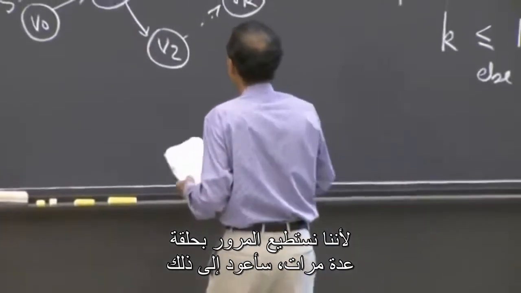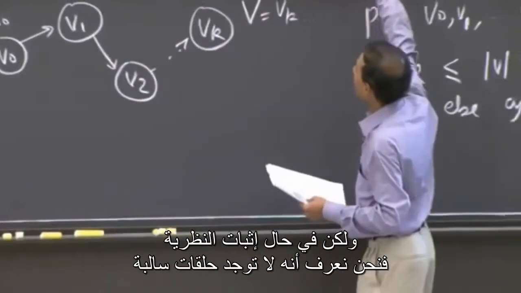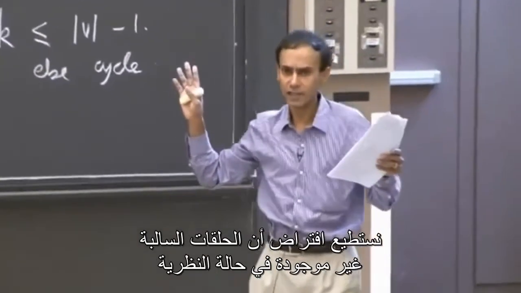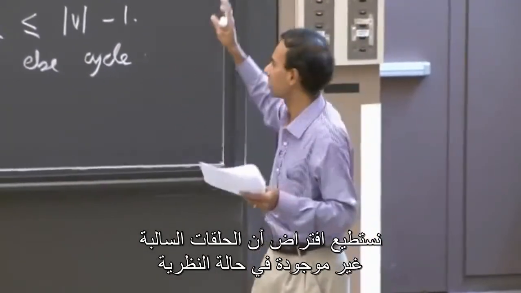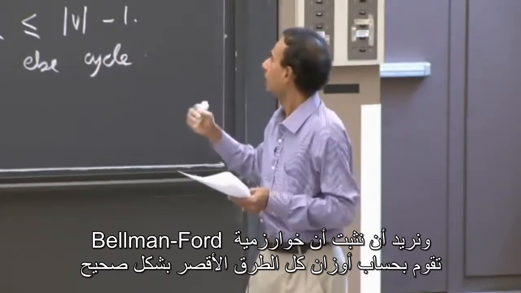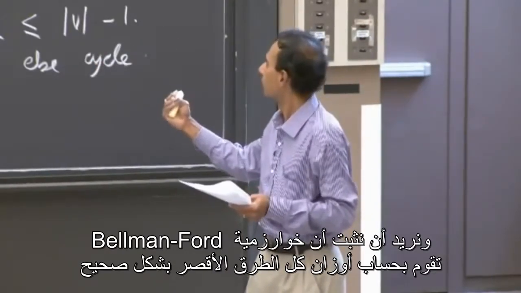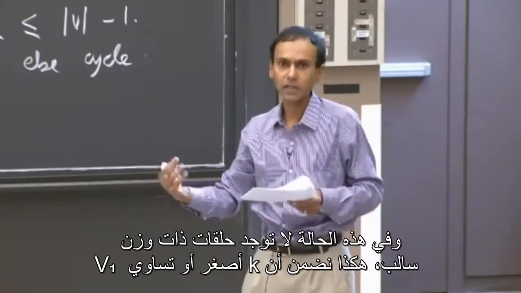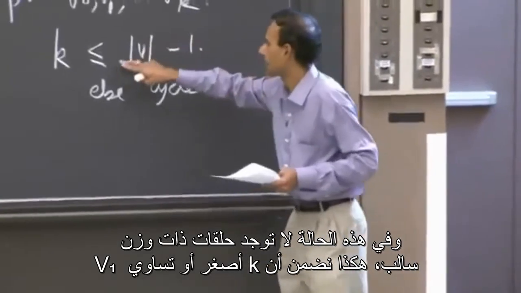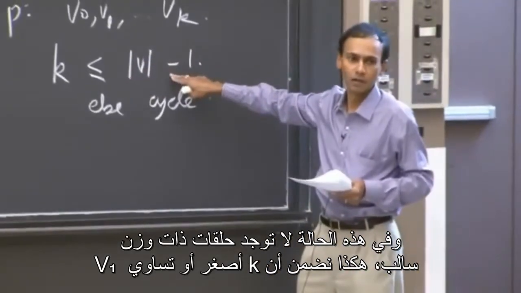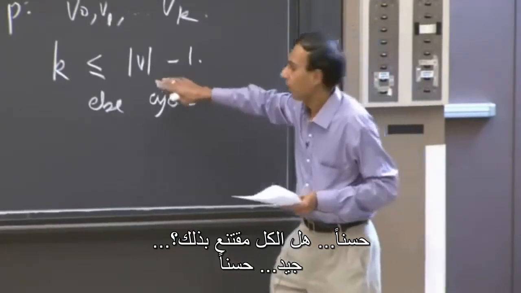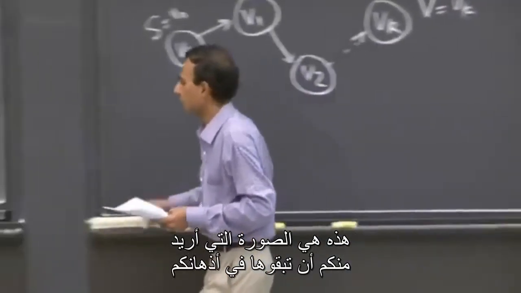I'll get back to that, but in the case where we're trying to prove the theorem, we can assume that no negative cycles exist, and we want to show that Bellman Ford correctly computes each of the shortest path weights. In that case, there are no negative weight cycles, so we're guaranteed that K is less than or equal to V minus 1. All right? Everybody buy that? Good.